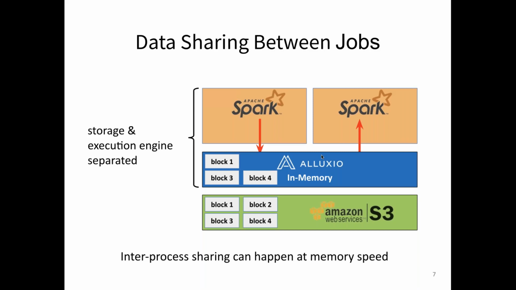But in the meanwhile, Alluxio can also persist the data asynchronously to S3, just writing data to S3 without interfering and without making the second job wait. So that is basically decoupling the data persist process from the data serving process. This can be very efficient and very flexible for many applications.